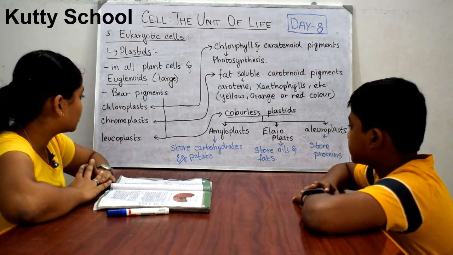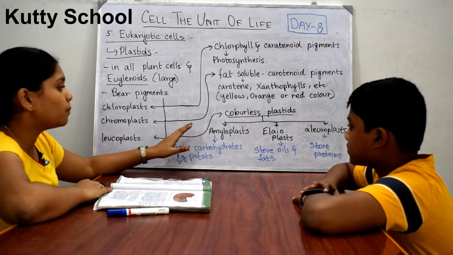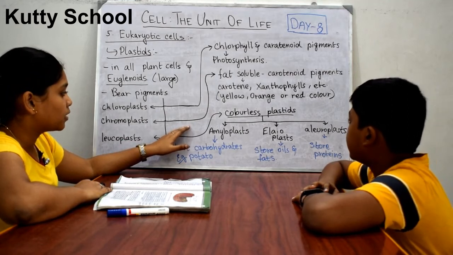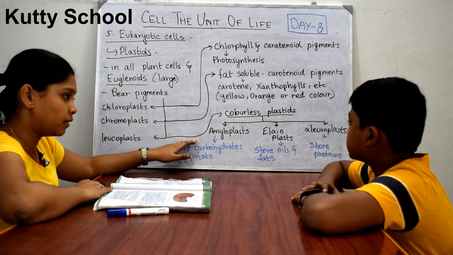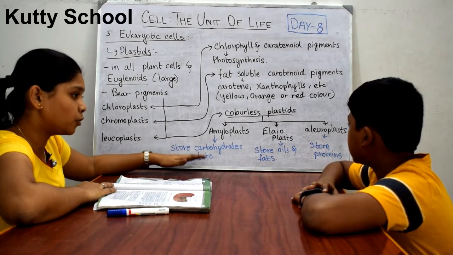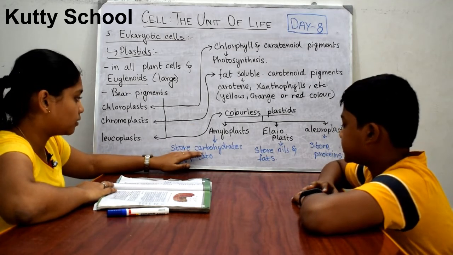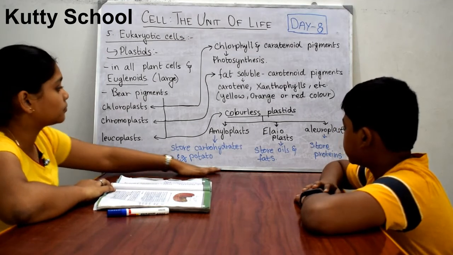Then the third kind is leucoplasts. Leucoplasts are known as colorless plastids. They do not have color. These are again divided into three: amyloplasts, elaioplasts and aleuroplasts. Amyloplasts store carbohydrates, for example in potato.